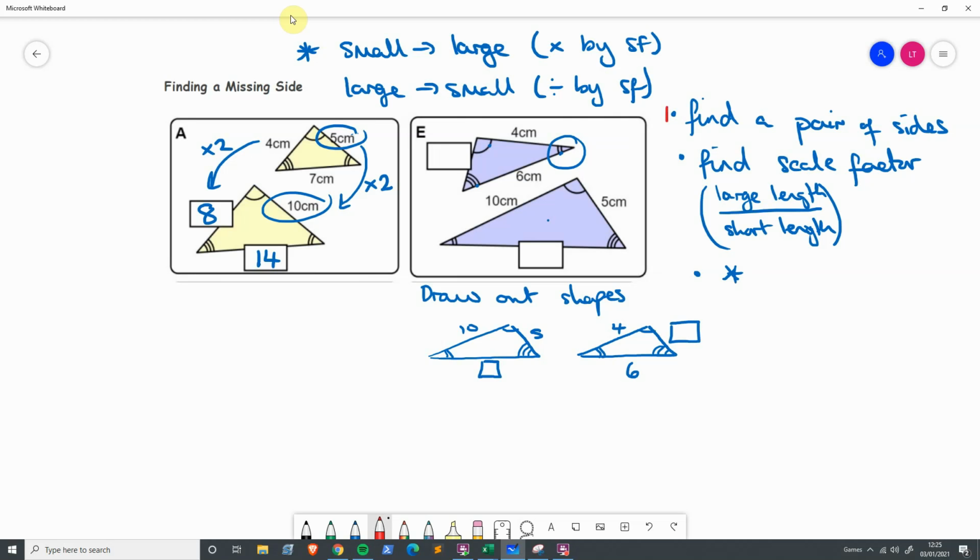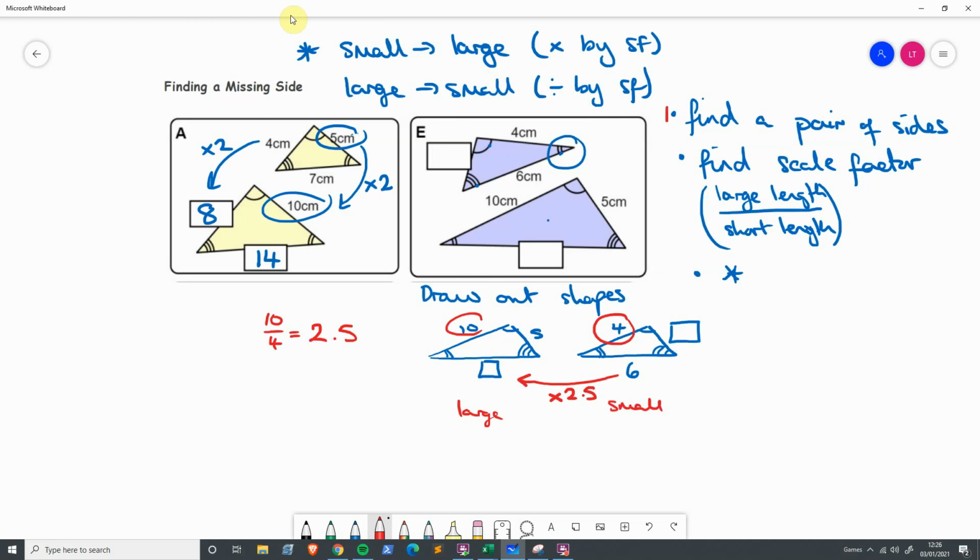Well, my pair of sides, 5 links up with a blank, 6 links up with a blank, 10 links up with 4. So to find my scale factor, I can do 10 divided by 4, which is 2.5. So therefore, to get from my small shape to my large shape, I need to times by my scale factor.